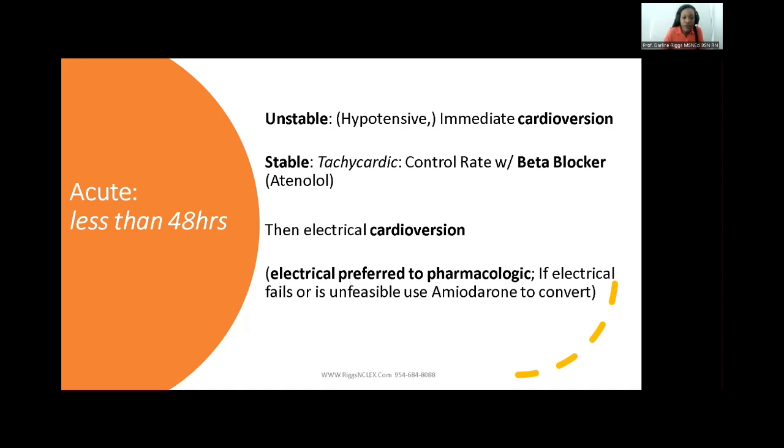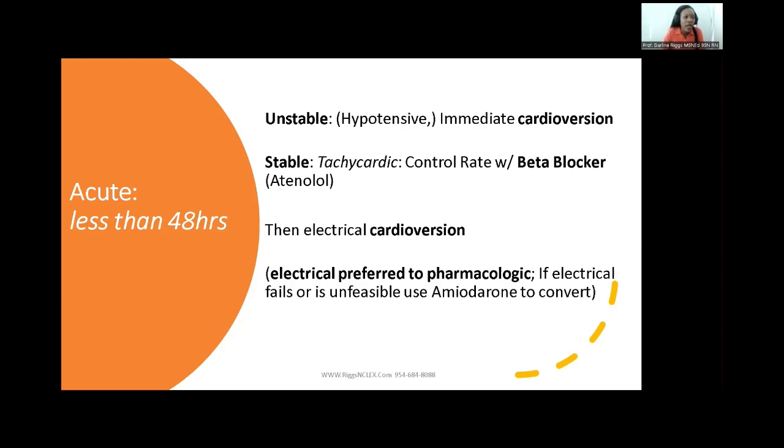And we do prefer electrical to pharmacological. But if electrical fails, then yes, amiodarone. You've heard me mention amiodarone over and over again because we're talking tachy. So that would be your treatment for acute, less than 48 hours. Are they stable or unstable? And one of the first vitals you're going to look at is the blood pressure.